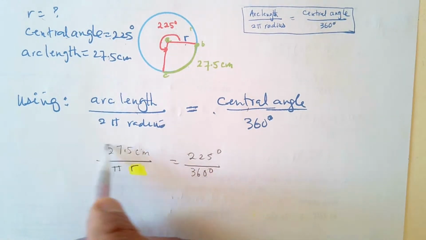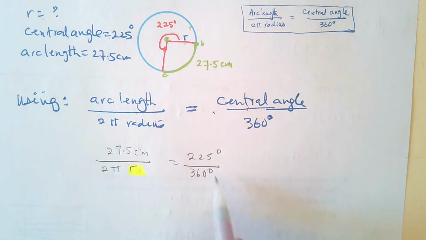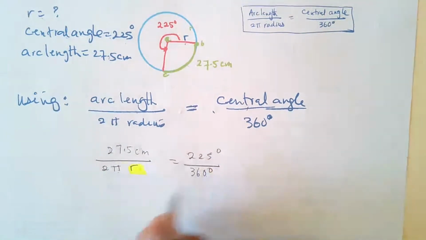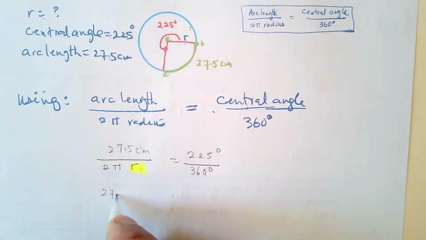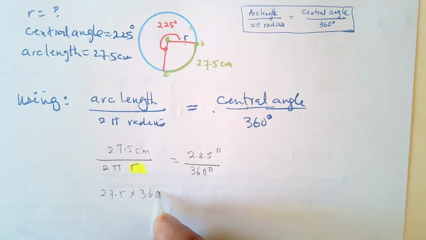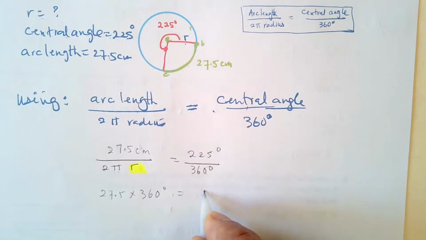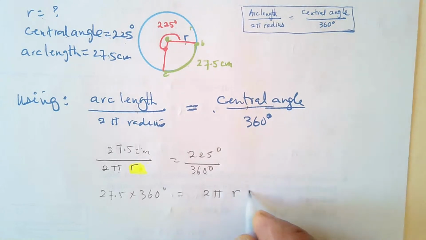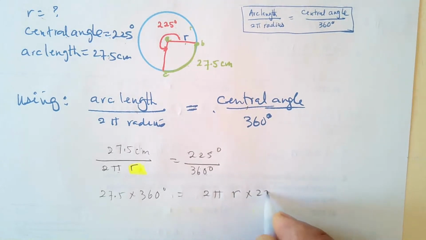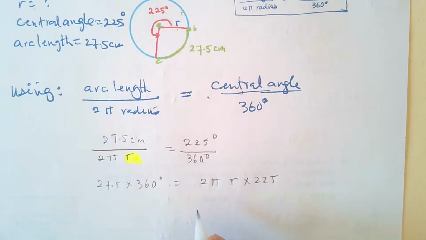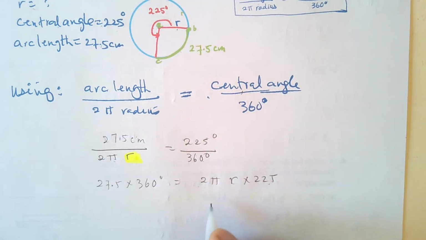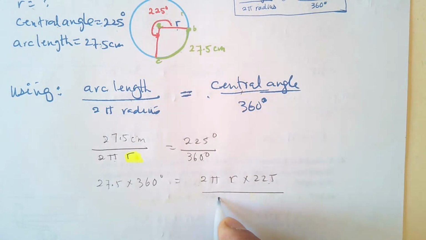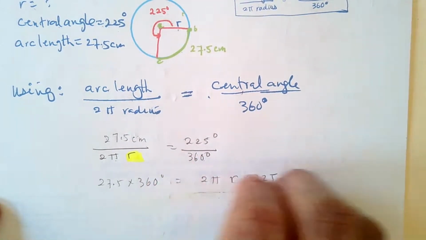or you can do the cross multiplication method. Either one is fine. So 27.5 multiplied by 360 degrees is equal to 2 times pi times r times 225. Now I need to get rid of the 225 and the 2 pi.